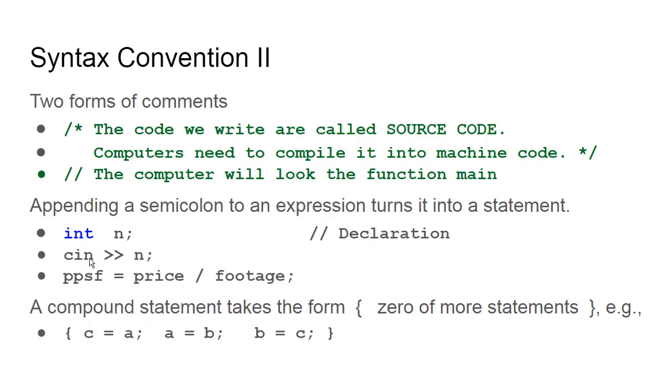So cin and these two greater than sign symbols are declared in the file called iostream, which we include at the beginning of the code. And cin stands for C standard in. This is where the program by default reads input from the terminal. So if you run the program, it will wait for you to type something to enter.